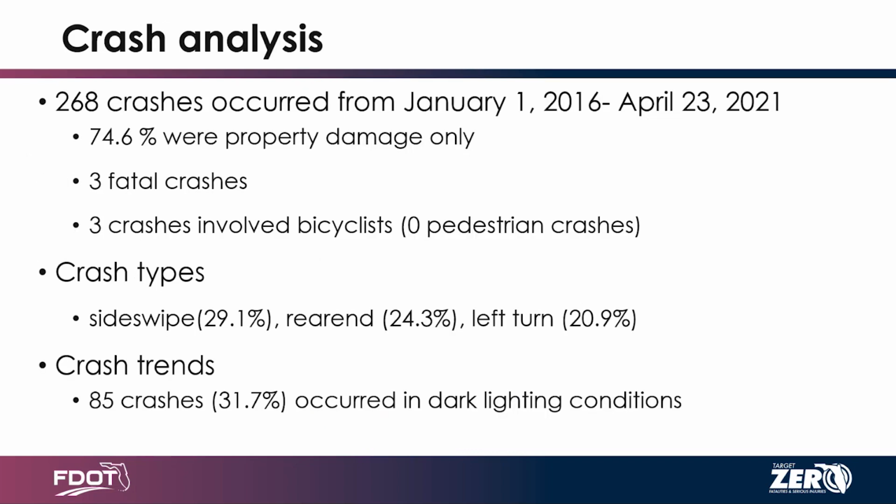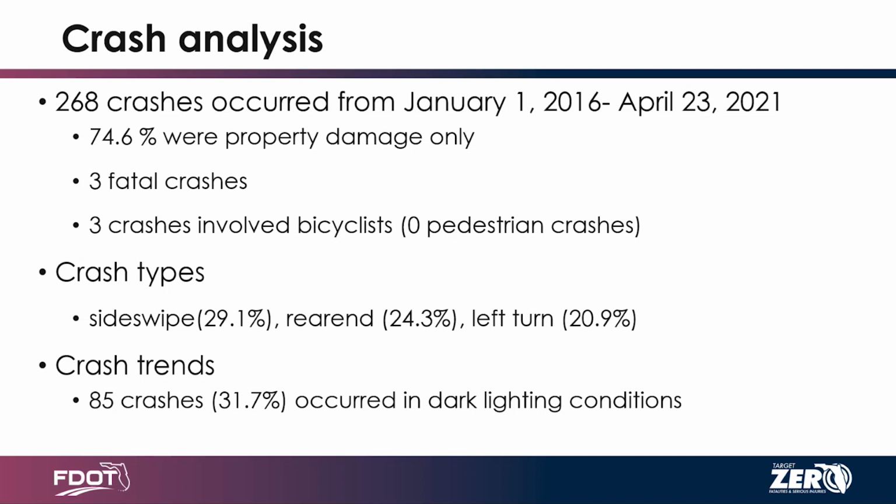So the first thing we did was pull our crash data. There were 268 crashes reported from the beginning of January 2016 till about the end of April 2021. Three quarters of those crashes were property damage only. There were 3 fatal crashes, 3 crashes involving bicyclists, and none with pedestrians.